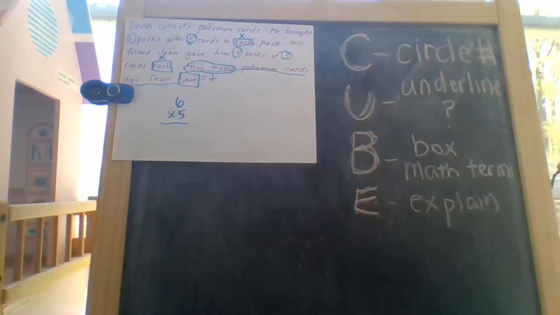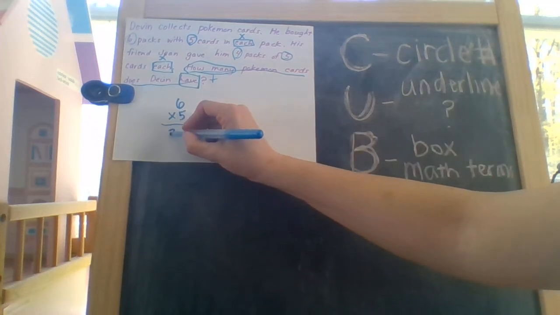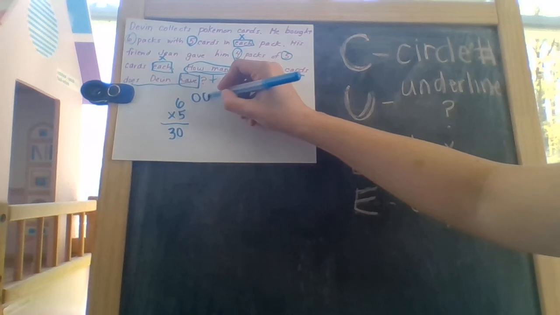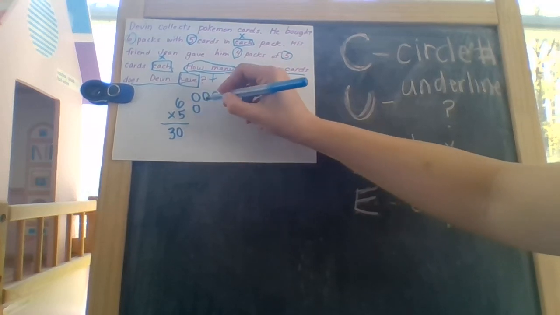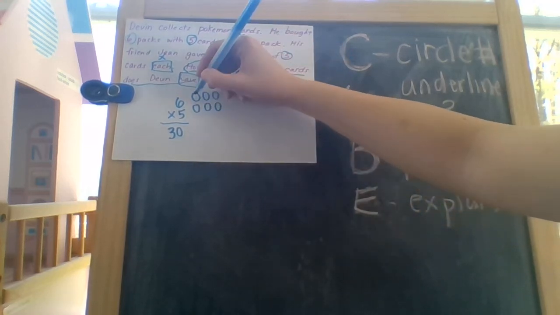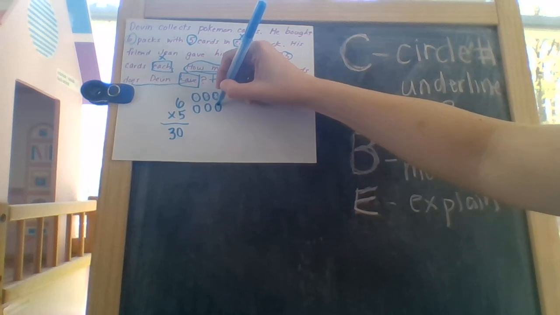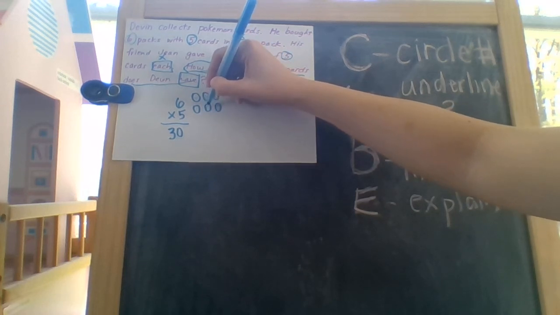Well, if you know your times 5 multiplication, you're going to get 30. If you don't know that, remember, you could draw 6 circles. You could put 5 items in each and count them. Or you could skip count by 5, 6 times.